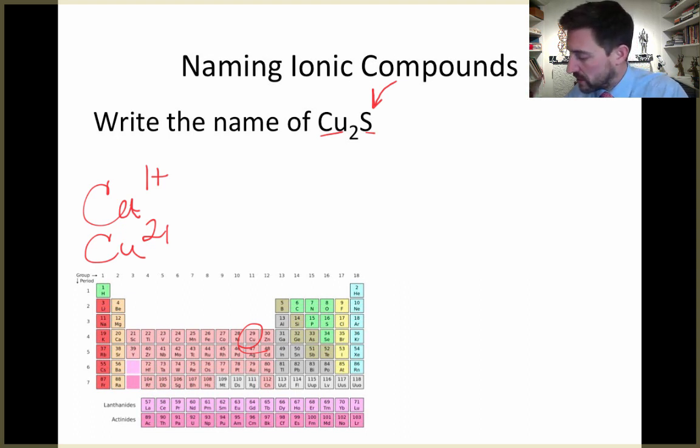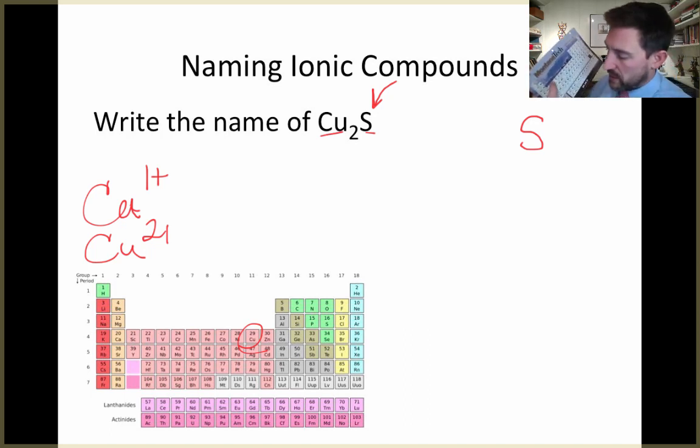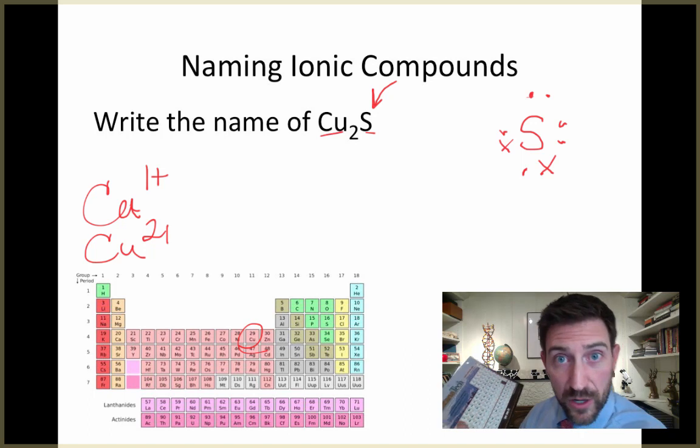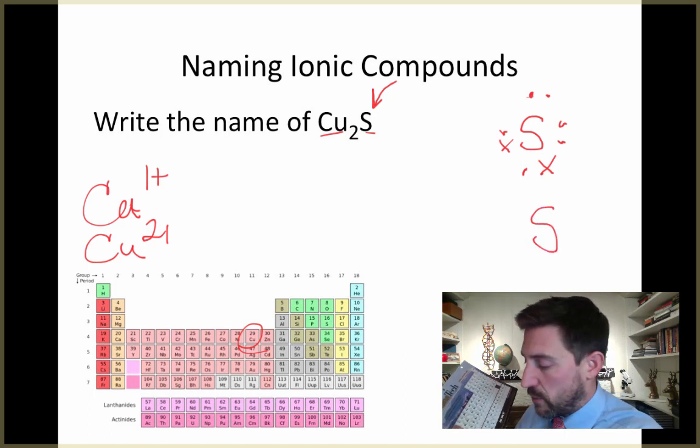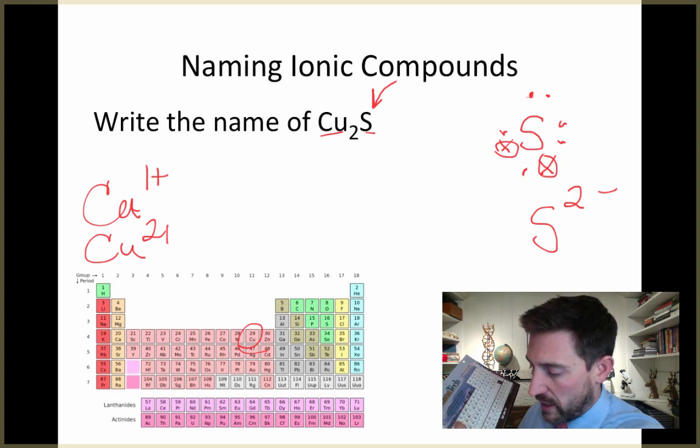Here's why. Sulfur, when I look it up, is in group 1, 2, 3, 4, 5, 6, which means it has 6 valence electrons. And it wants to grab 2 more valence electrons to have a full octet, which gives me sulfur with a 2 minus charge, because it grabbed 2 more negative parts.